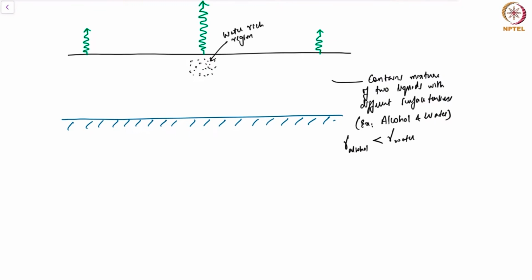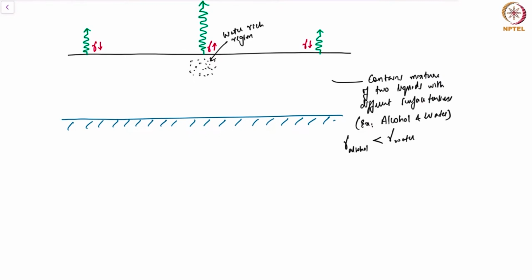This water rich region causes the local surface tension to be slightly higher, and in the other regions the surface tension is slightly lower, because there you have more alcohol compared to the water rich region that I've sketched. So again, convection, motion at the interface, would be set up.